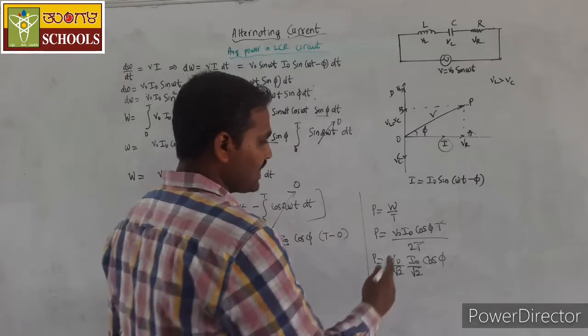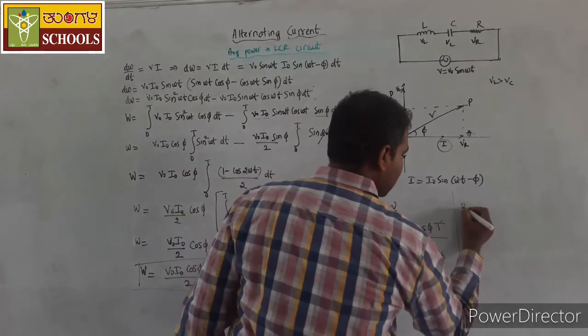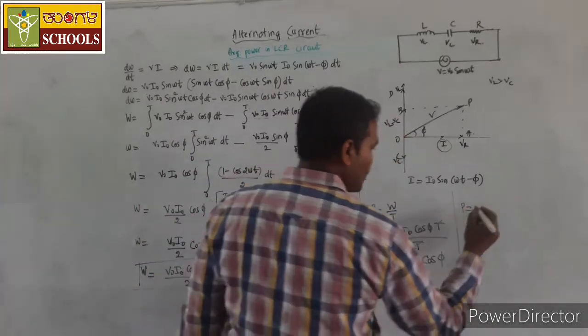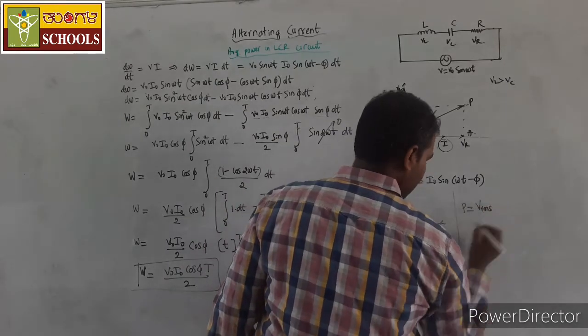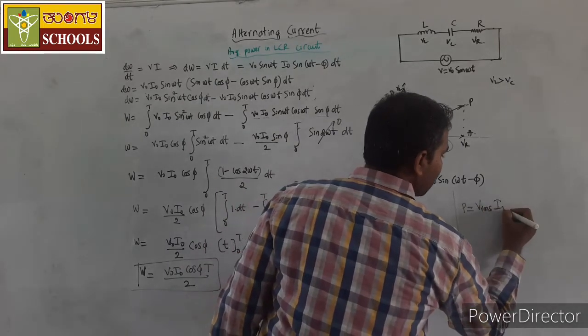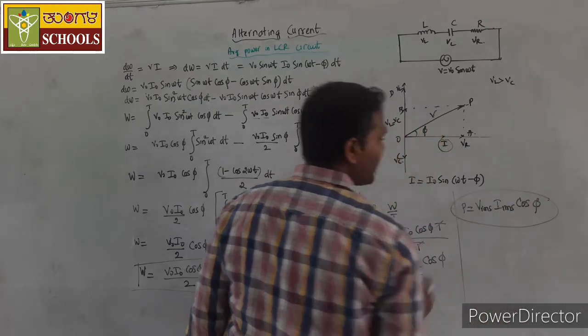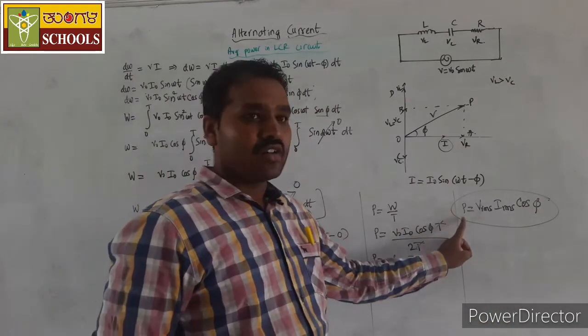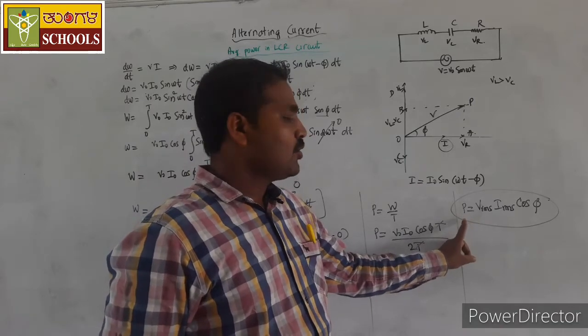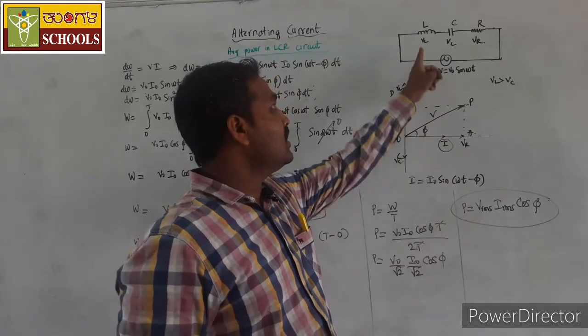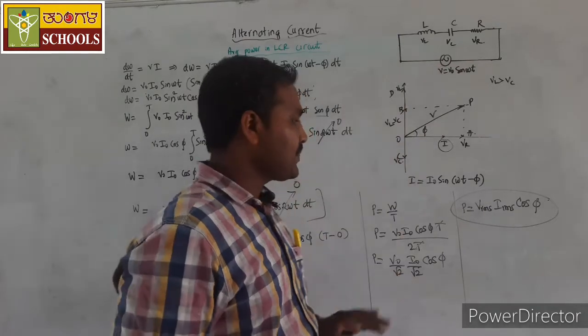Why am I writing it like this? Because V naught by root 2 is nothing but V RMS and I naught by root 2 is nothing but I RMS, into cos phi. This is the expression for the average power during one cycle through the LCR circuit.